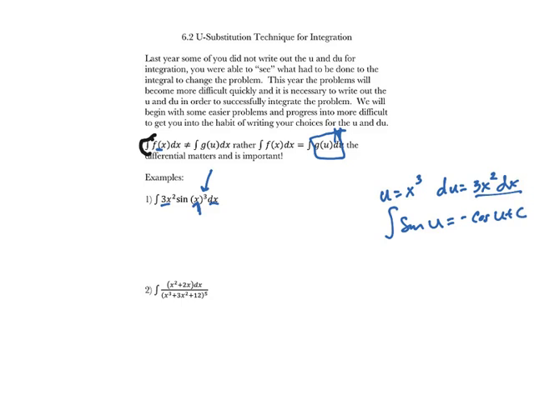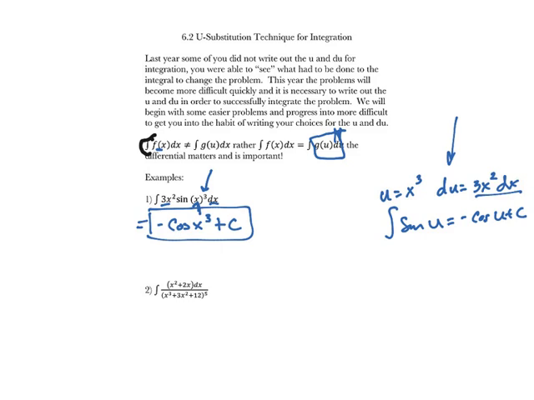So coming back over here, this integral would be negative cosine, and what's my u? x cubed plus c. So that problem becomes very easy as long as I can represent all of the integral in terms of u and du.